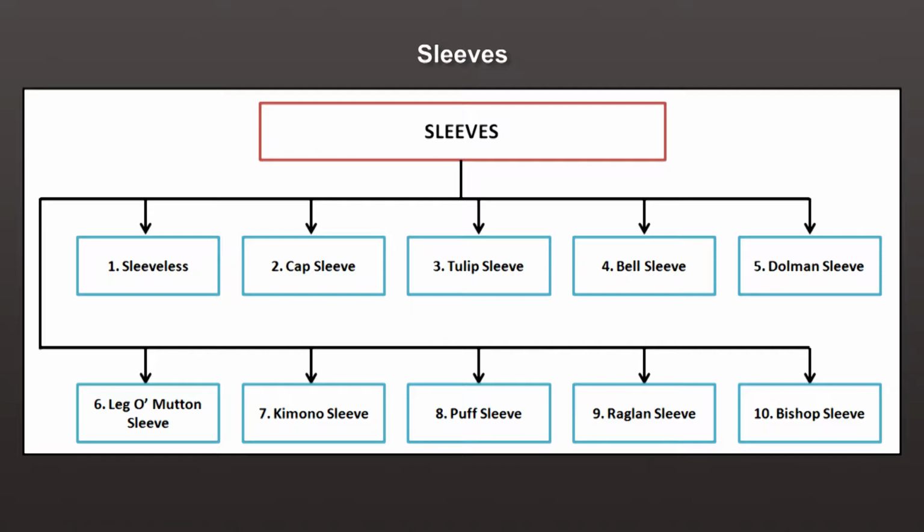So, the types of sleeves are sleeveless, cap sleeve, tulip sleeve, bell sleeve, dolman sleeve, leg o' mutton sleeve, kimono sleeve, puff sleeve, raglan sleeve and bishop sleeve.